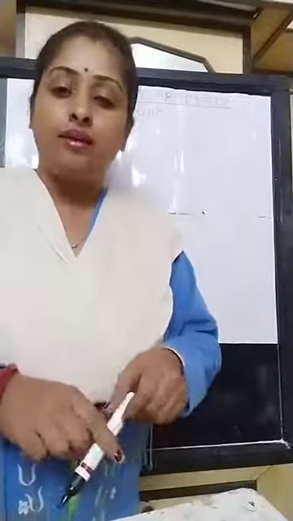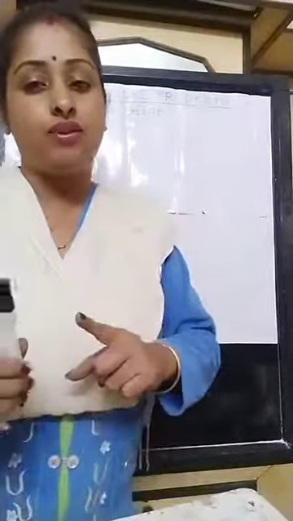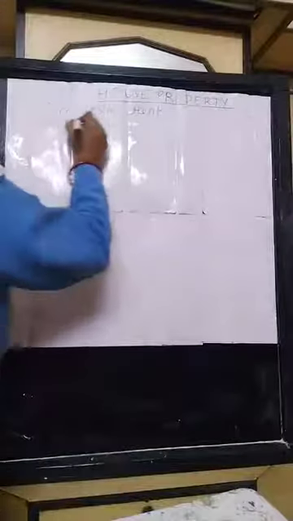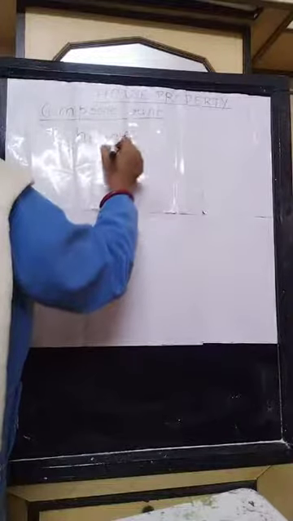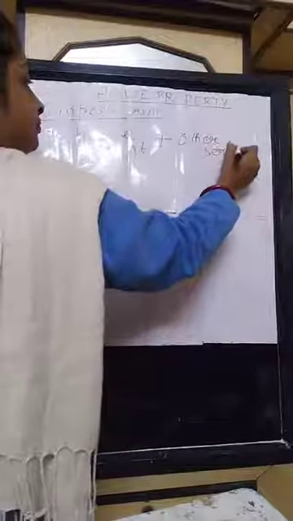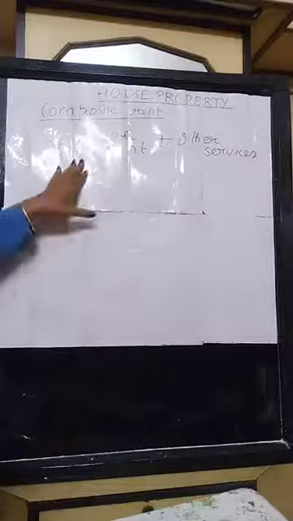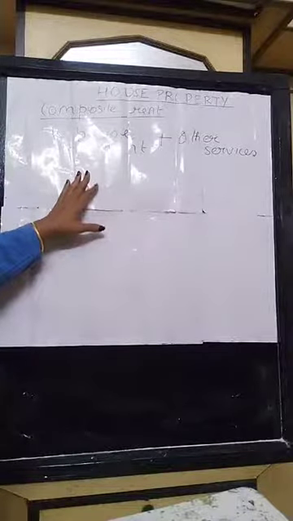Composite rent is the total rent received, where the tenant is paying the rent for the use of the house as well as some other services. That is, house rent plus other services is included in this composite rent.